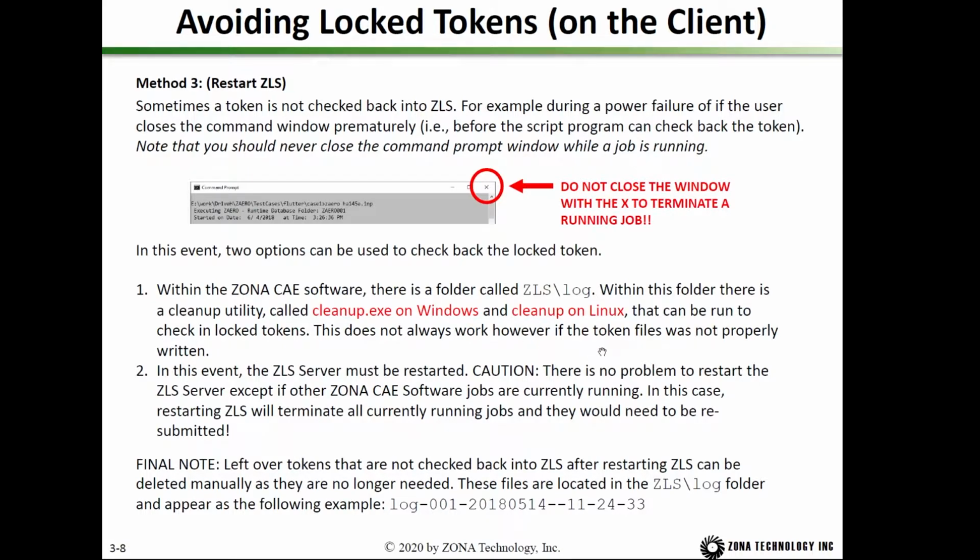However, if the token file was not properly written, this cleanup.exe won't work. If the cleanup.exe cannot release the lock token, you can restart the ZLS server. However, when you restart the ZLS server, all the running ZONAIR jobs will be killed. Okay.